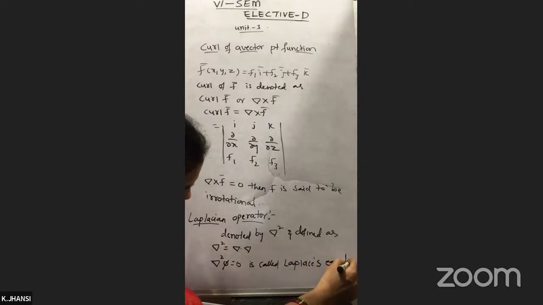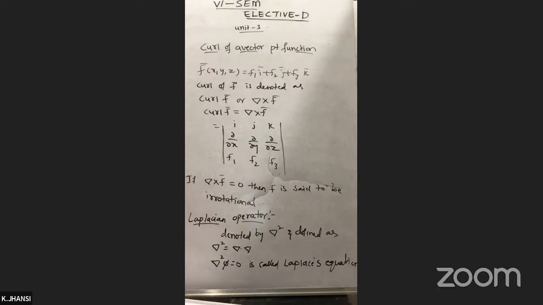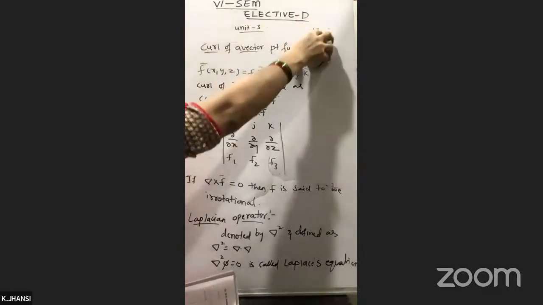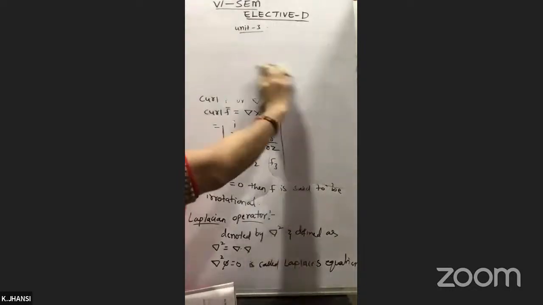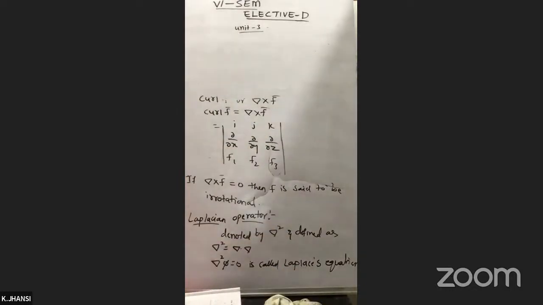One more definition here: the divergence of the gradient of phi is equal to del square phi. This also you remember. This note only will be there.